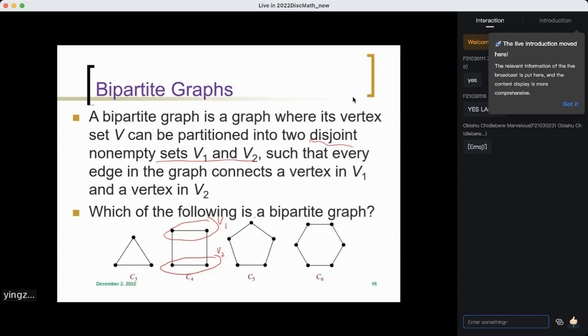Similarly, if an edge goes from this part to that part, or from that to this, it is also the same. Okay, now we have a 5 minute break.